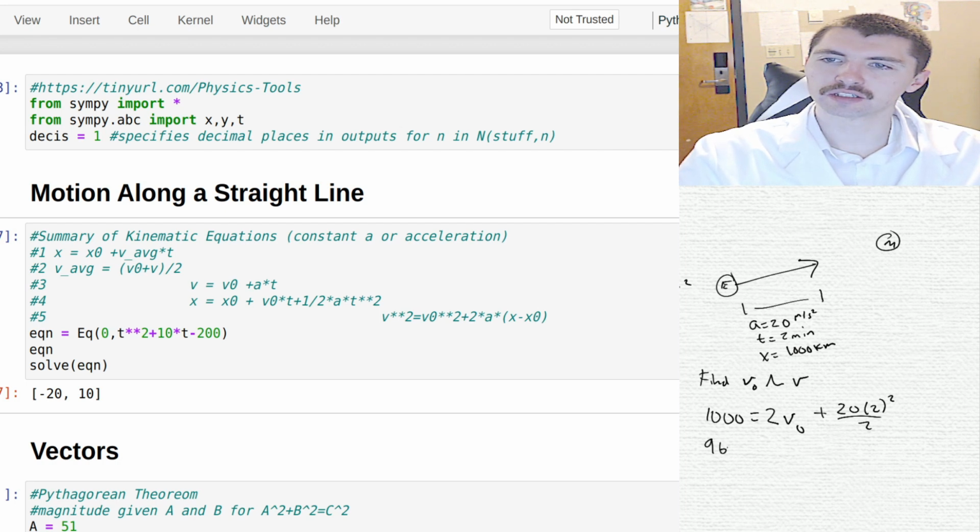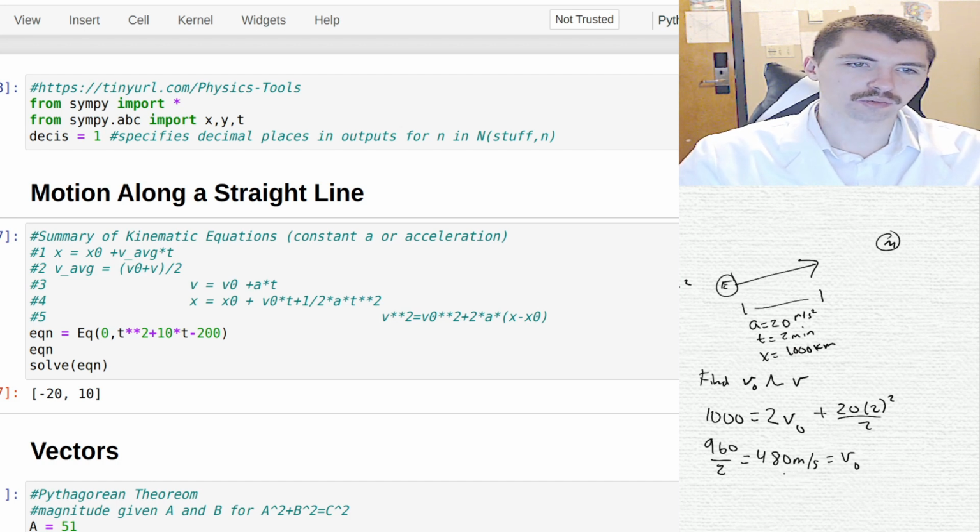So 960 over 2. Okay, I'm getting 480 meters per second is V naught.